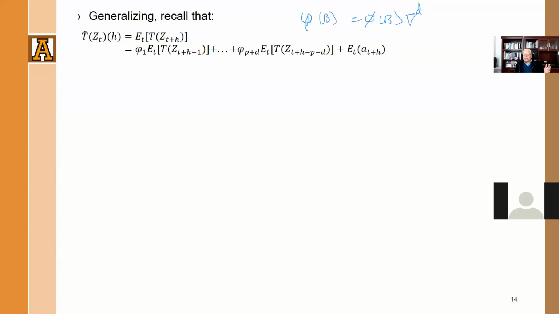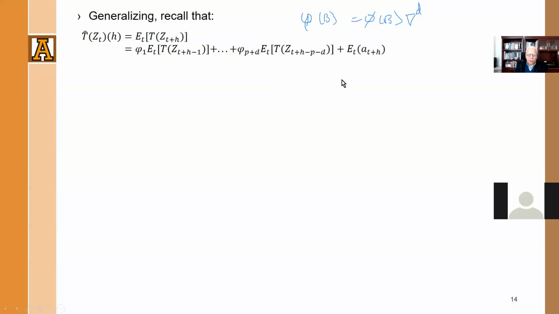That means that if we are at time t, we need observations t minus 1, t minus 2, up to t minus p. But since we took d differences, we also need t minus p minus 1 up to t minus p minus d, and plus h, whatever h that is.